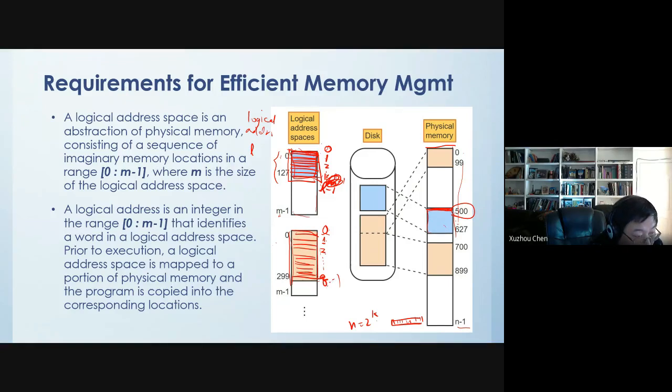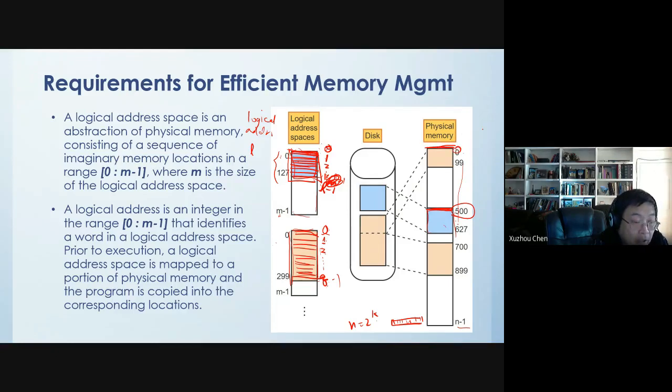When you look at these two logical addresses, it doesn't matter, because this one has a logical address 0 and this one has a logical address 0, since they are two completely different programs. However, when you load your program into the computer memory, you are not necessarily loading instruction number 0, which is logical address 0, into physical address 0.